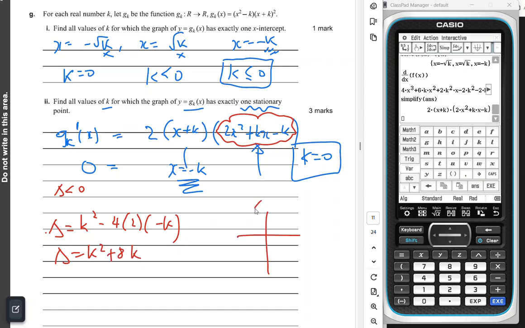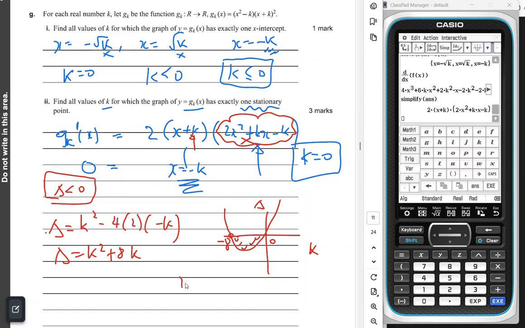So if I graph the discriminant against k, it's a parabola that goes through negative 8 and 0, and I want it to be negative. So I want down here so that it doesn't exist, and this will give me my only solution.